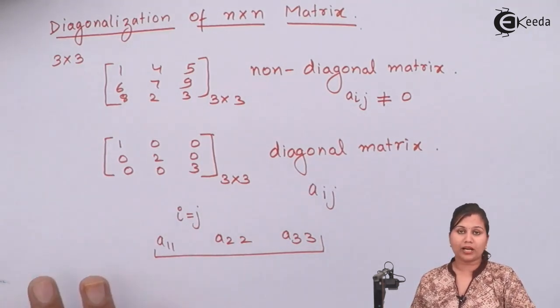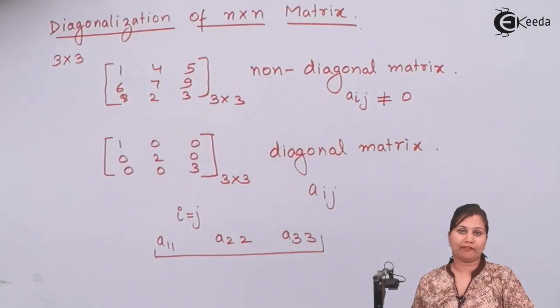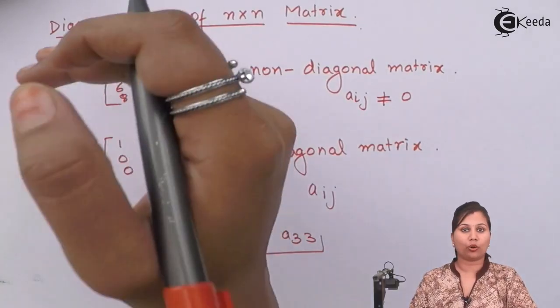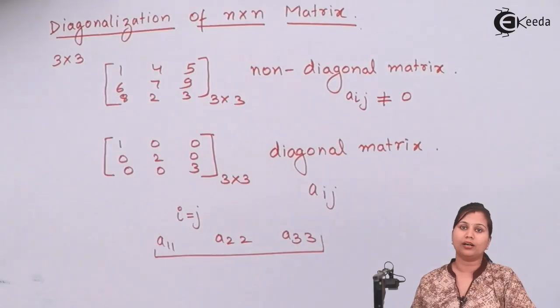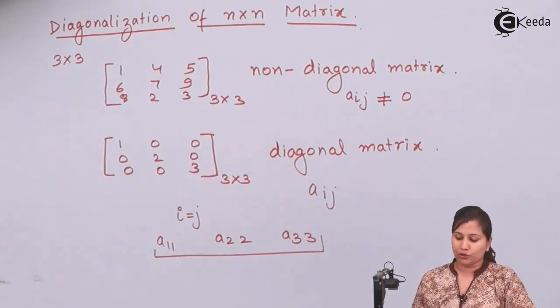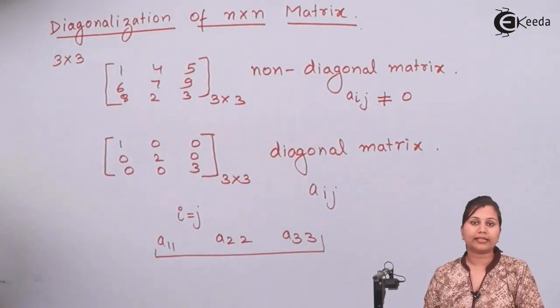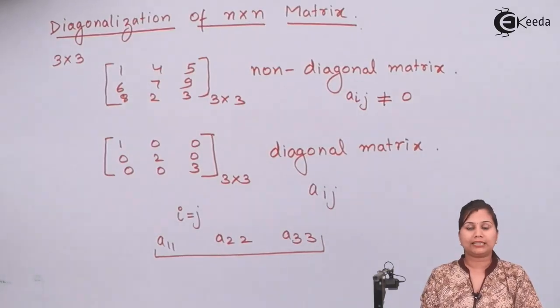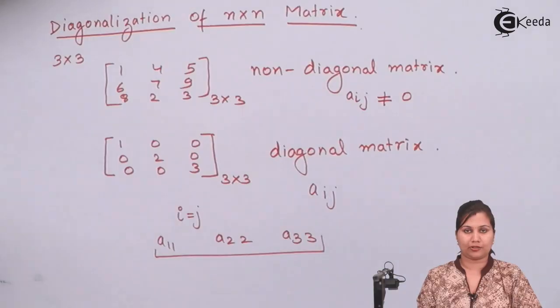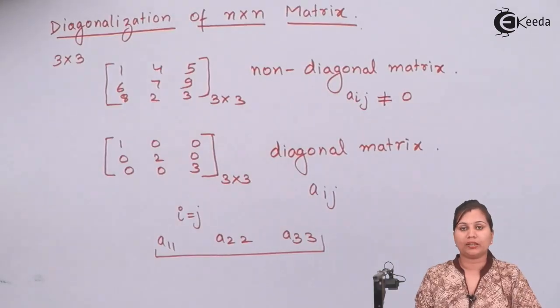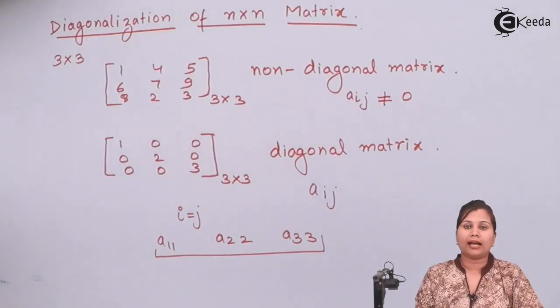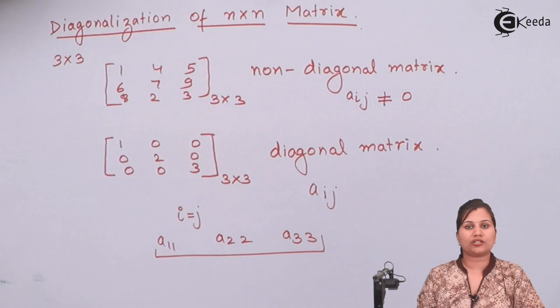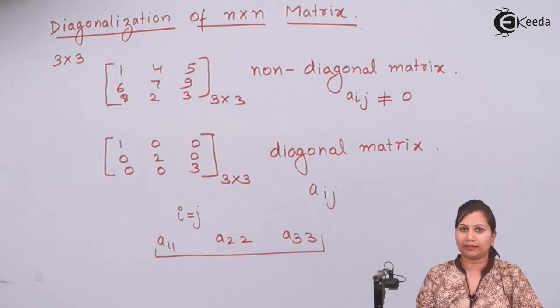In this video we are going to study the method by which we can convert a non-diagonal matrix into a diagonal matrix. So what is the use of this method in control systems? In control systems, we know that in the state space representation of a control system we have the state model, and there are various types of representations of the state model, and one of them is the canonical method.